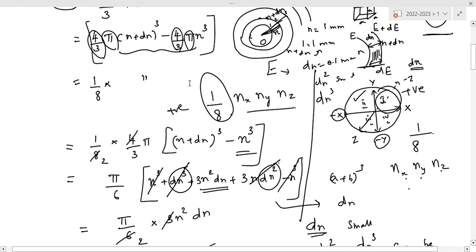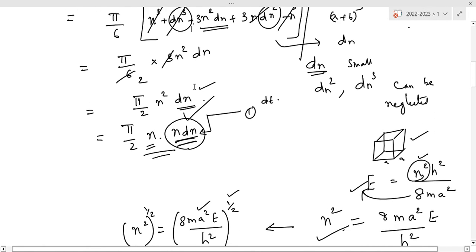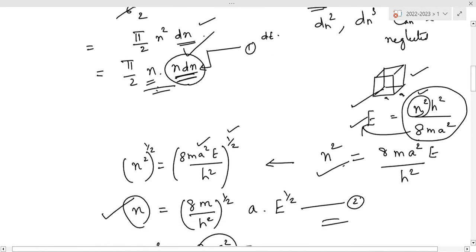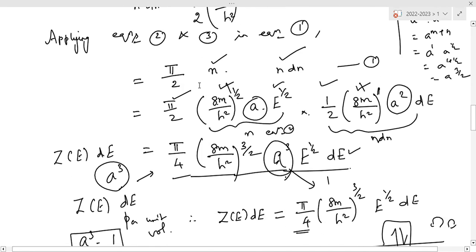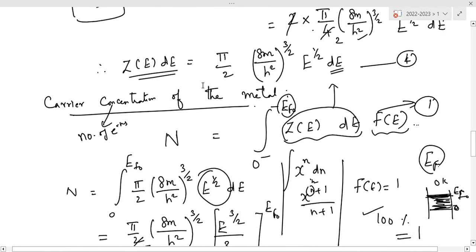Then we cancelled the higher orders of dn. Then we obtain the value pi by 2 n square dn, rewritten as pi by 2 n into n dn. Then the energy of the electron is taken as n square h square by 8m a square, and then we substituted the value of n and n dn, simplified the formula and obtained the value applying Pauli's exclusion principle.